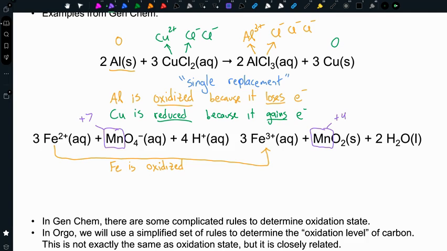So manganese is reduced because its oxidation state goes from +7 to +4. That's going down. It's getting extra electrons.